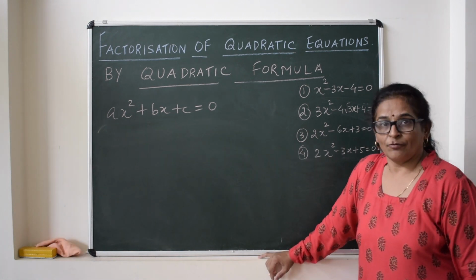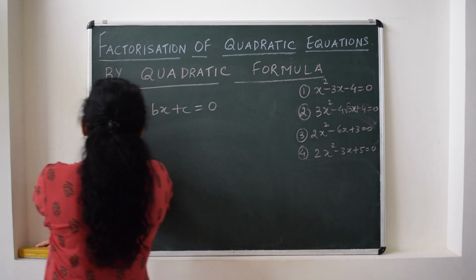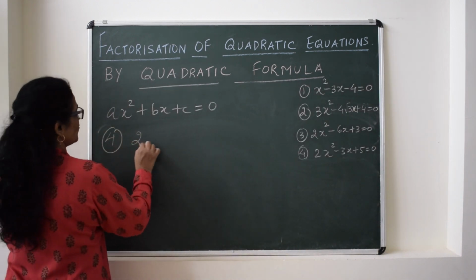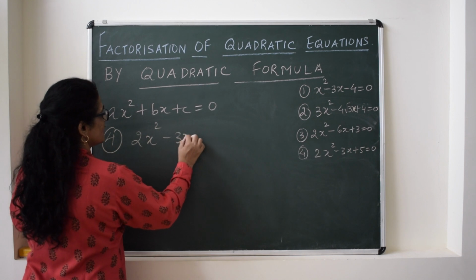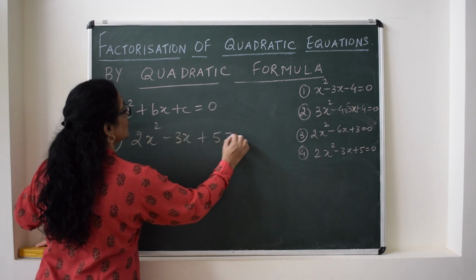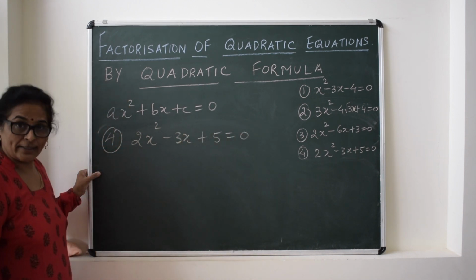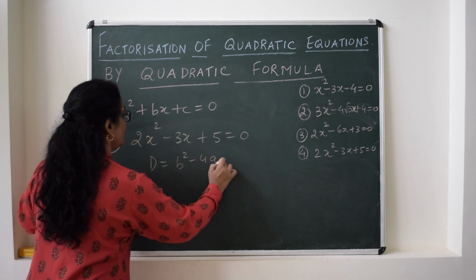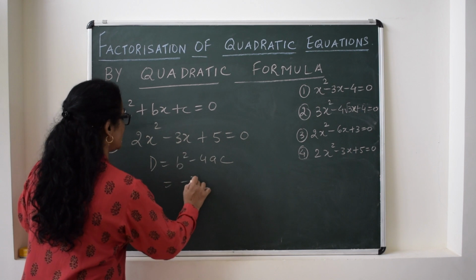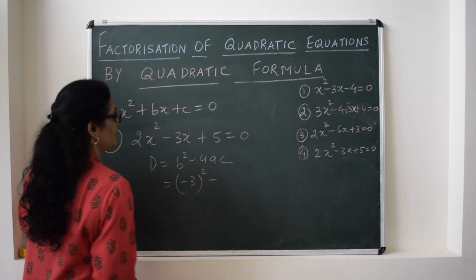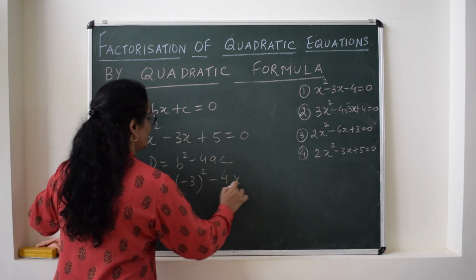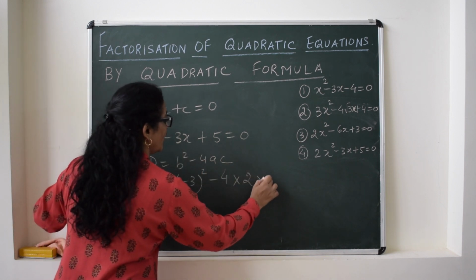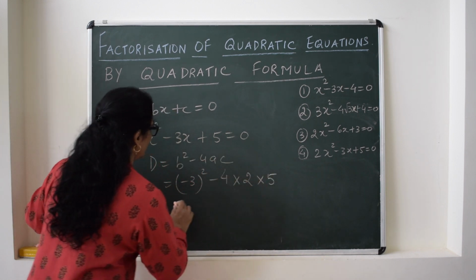Let's see the last fourth example. That is 2x squared minus 3x plus 5 is equal to 0. We'll calculate d first. D is b square minus 4ac. In this case, b is minus 3, square minus 4, a is 2 and c is 5.